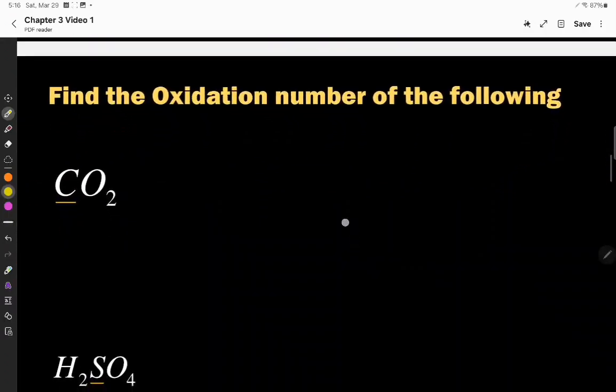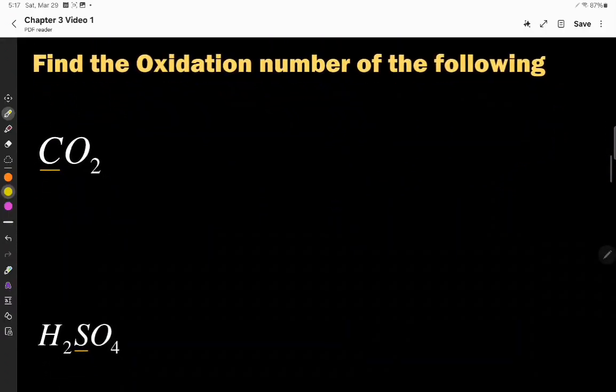Now let's start calculating. In the ministry exam, it comes and gives you one element to calculate its oxidation number. In this case, it asks you to calculate the oxidation number of carbon. This is a neutral compound, so carbon dioxide equals 0. Now we want to find carbon.